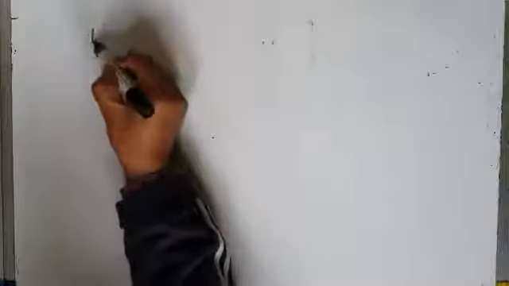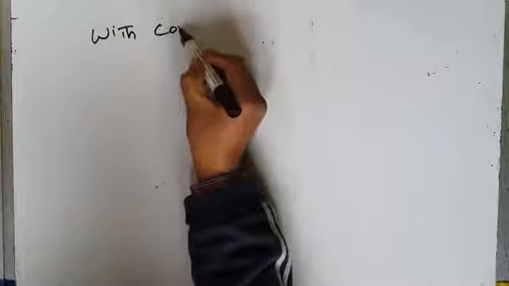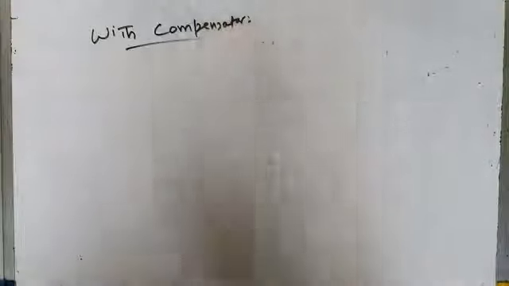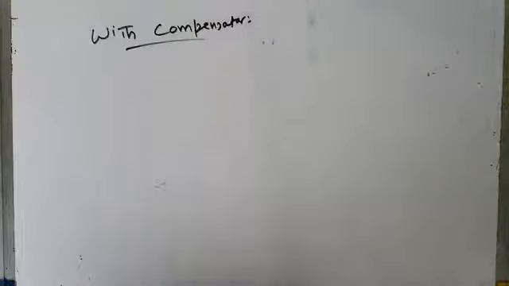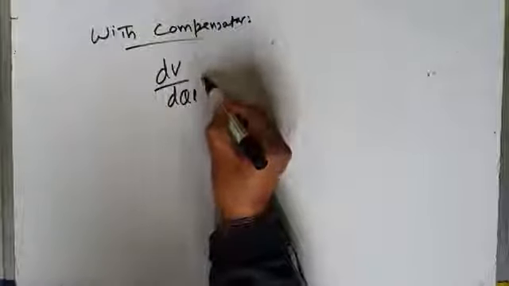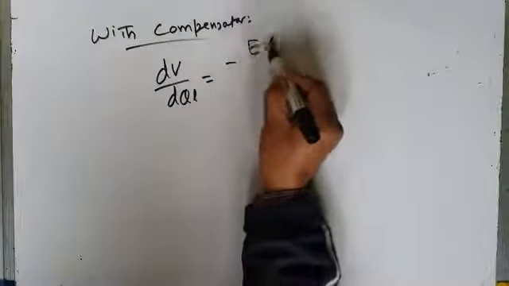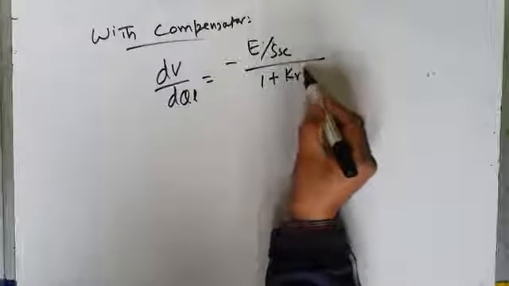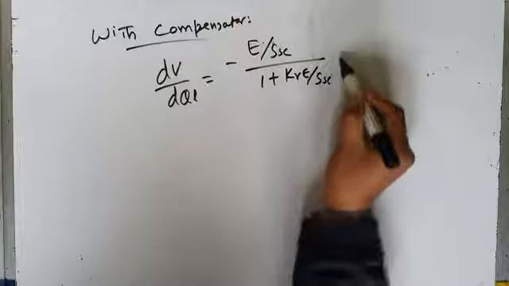Now with compensator, let's try to find out the voltage sensitivity and change in voltage. With compensator, again we will use the same equation. Voltage sensitivity with compensator is given by minus E by SSC divided by 1 plus K gamma E by SSC.